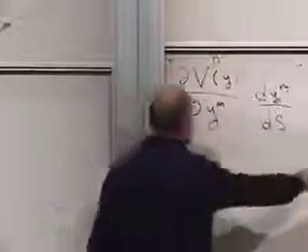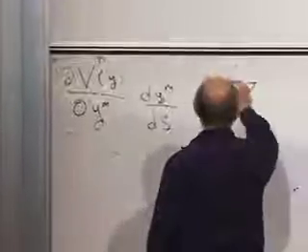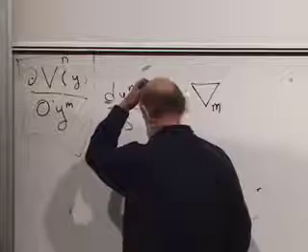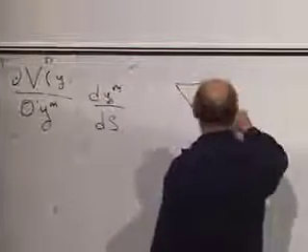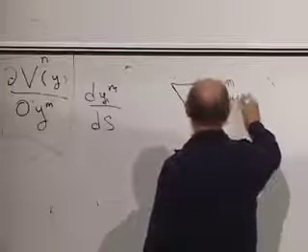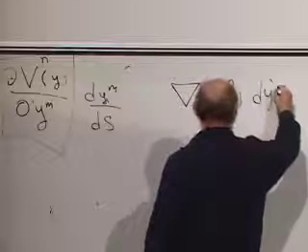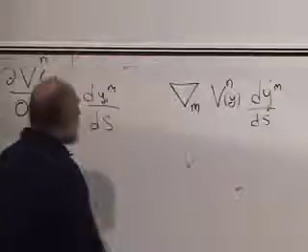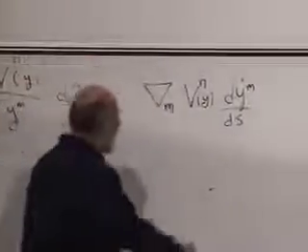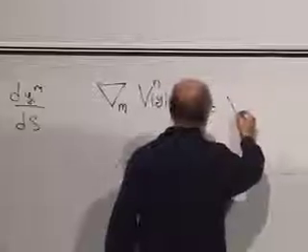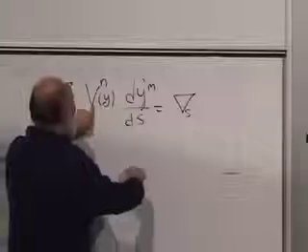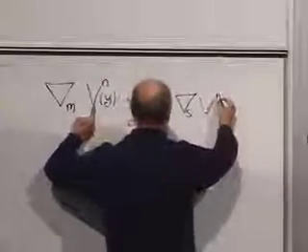So we replace this by the covariant derivative with respect to y^m of V^n of y times the tangent vector. The notation for it is the covariant derivative with respect to the parameter s of V^n.